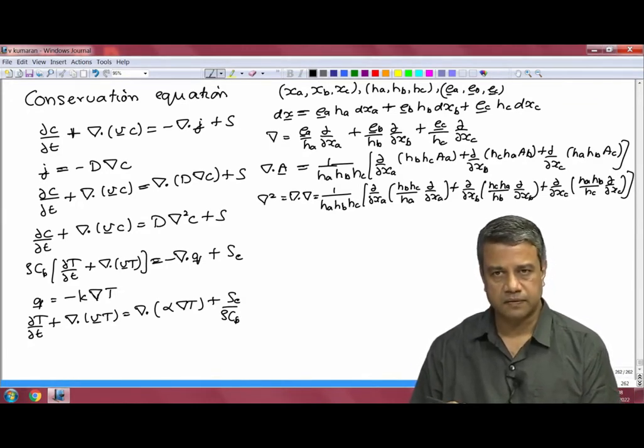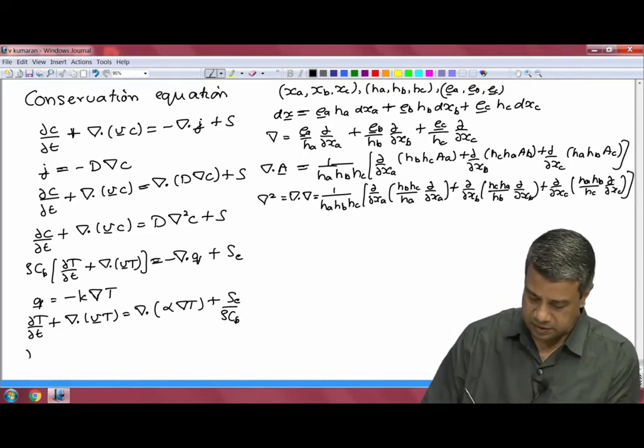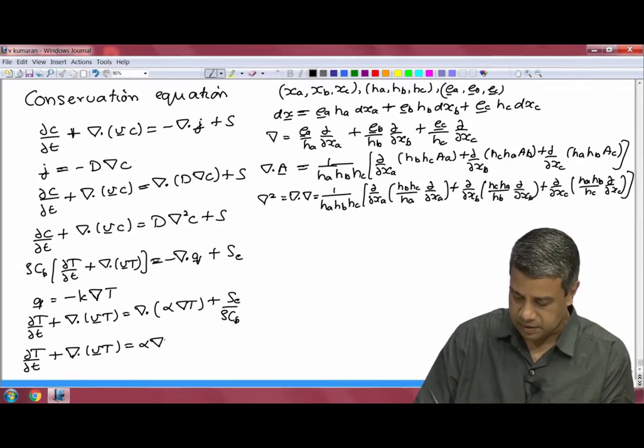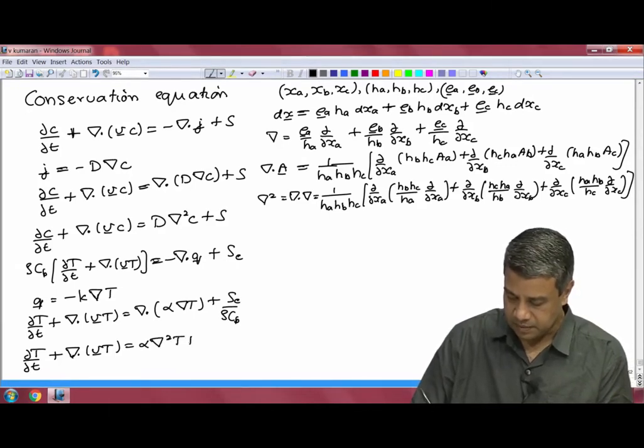And if the thermal diffusivity is a constant, then this reduces to partial T by partial t plus divergence of VT is equal to alpha times the Laplacian of T plus the energy source by rho Cp.